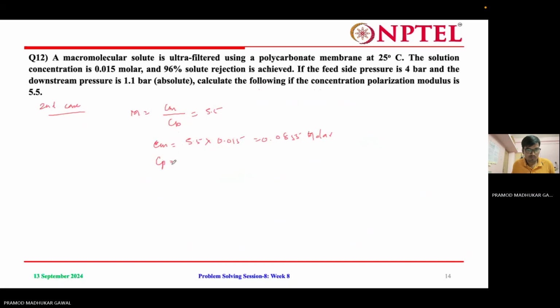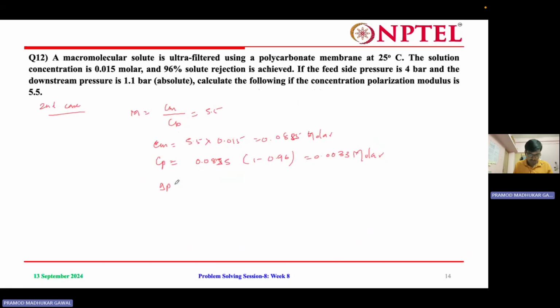And Cp is 0.0825 into 1 minus 0.96, which equals 0.0033 molar, right?